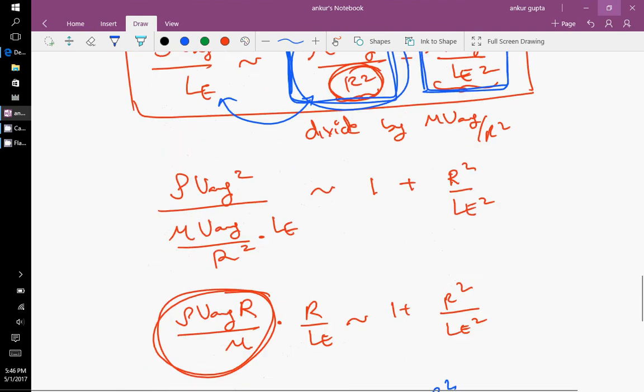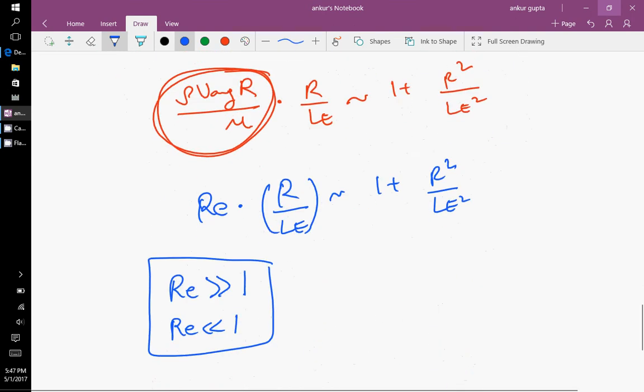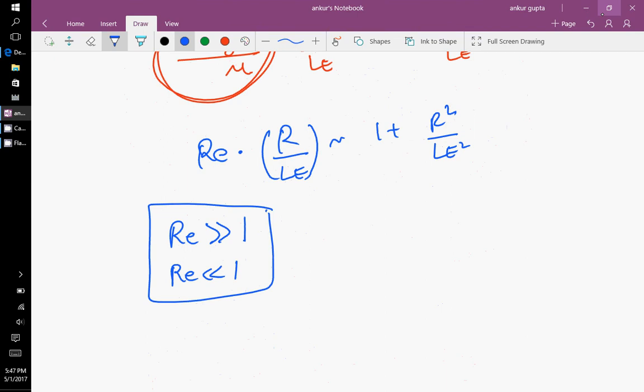So again, the difference between the initial problem that we did in class and in this problem is that you cannot just ignore the terms here, because they may be comparable to each other depending on the case, and because of that you may get different solutions. So the problem talks about these two cases, Reynolds number greater than 1 and Reynolds number less than 1.